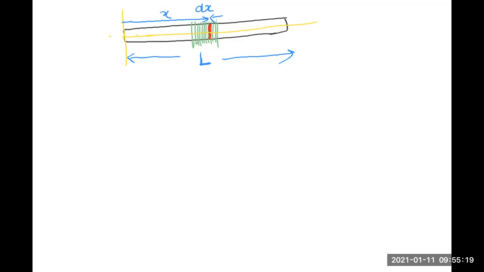I've started with one, then I've placed the other, then another, and I kept on going until now I am at that location where I'm placing the red wala element in the construction of the rod. Okay, and when I do that, I am at a distance of x from the end of the rod, and I will keep on placing these red elements adjacent to each other until I get to the other end of the rod. Right? But for the moment, I have reached a distance of x.